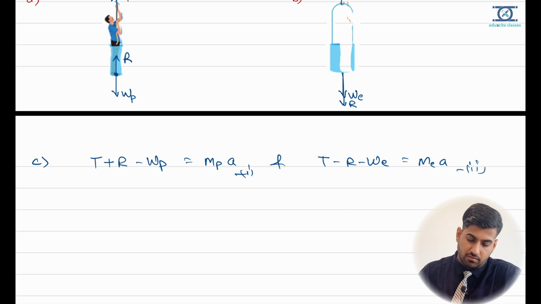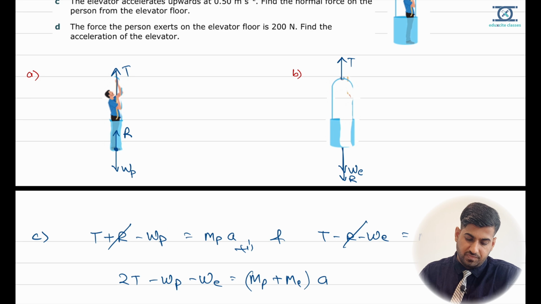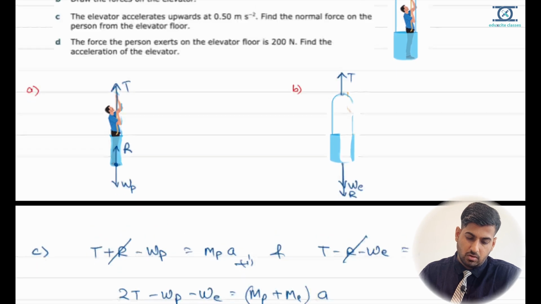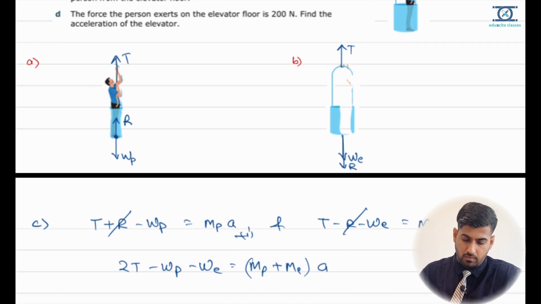So if I add equations 1 and 2, it will be 2T, this R and this R get cancelled, then minus WP minus WE is equal to mass of person plus mass of elevator times acceleration. So we can find out the value of the tension, right? And then using that we can find out the normal force on the person from the elevator floor.